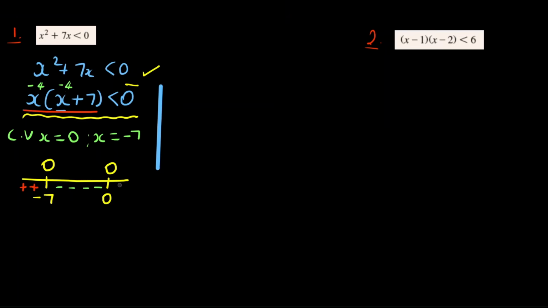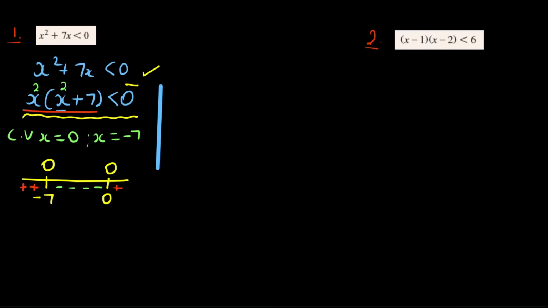And repeat the same thing for values that are greater than 0, or on the right hand side of 0. We can use, for example, 2. So we substitute 2 where there's x, and if you calculate what you get, you get a positive value. To be precise, you get 44 in our example.